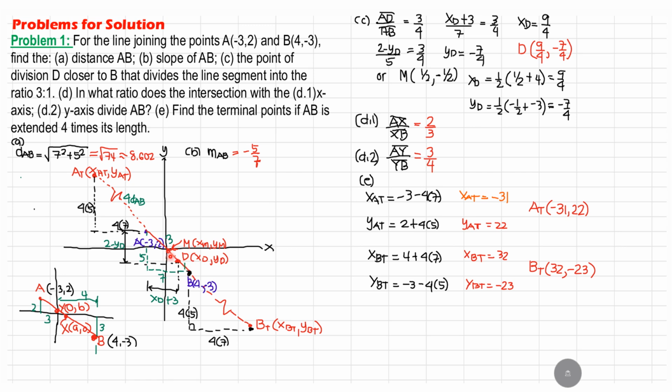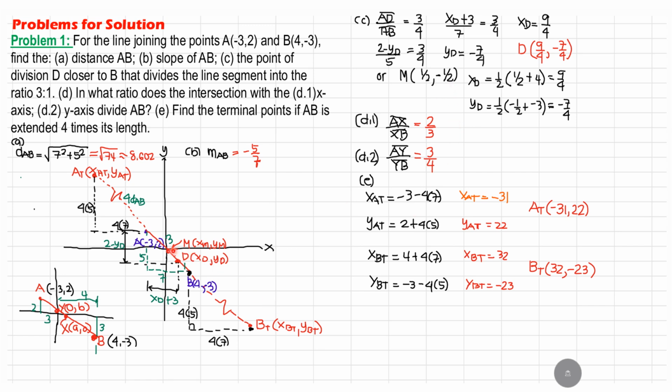So the location of M is at 1/2, because the midpoint formula is 1/2 of quantity negative 3 plus 4, which is 1/2. And 1/2 of quantity 2 plus negative 3, negative 1 over 2, so negative 1/2.